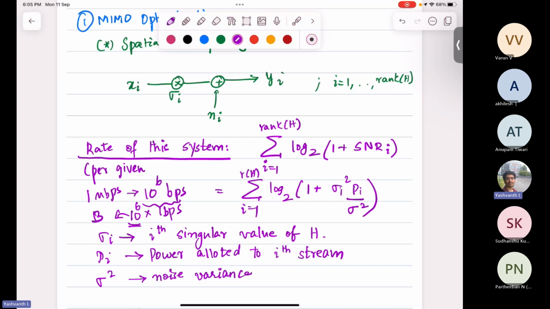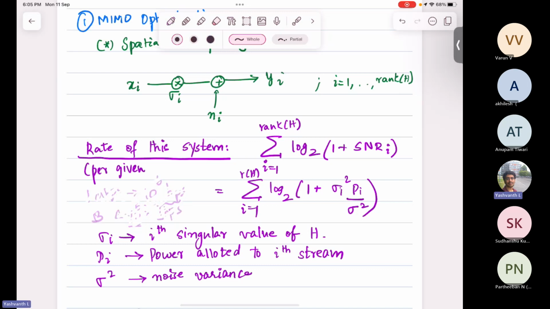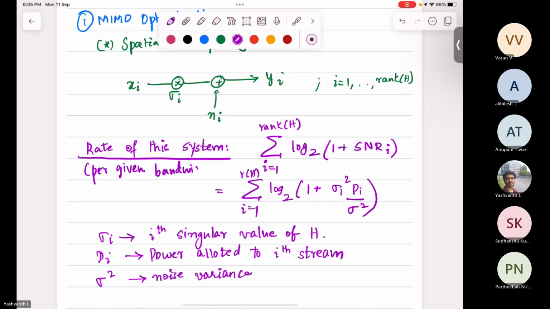Now, if I divide by the bandwidth, what is left? It's just 1 bps. That is, in 1 hertz of frequency bandwidth, what is the amount of data that I can send over a channel? That is what I'm measuring now, and I call that the rate per given bandwidth. I did not multiply by B in the expression for rate, which is why I'm saying this is the rate per given bandwidth.